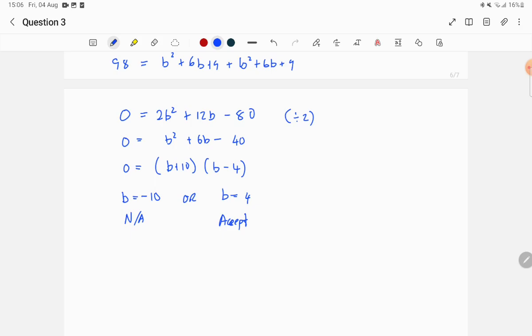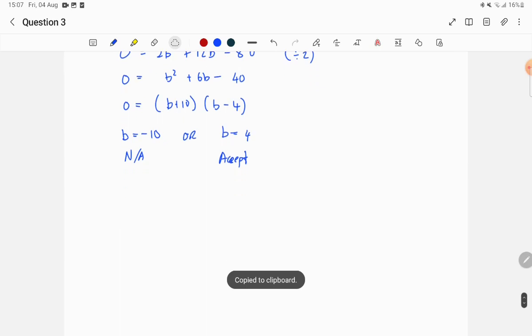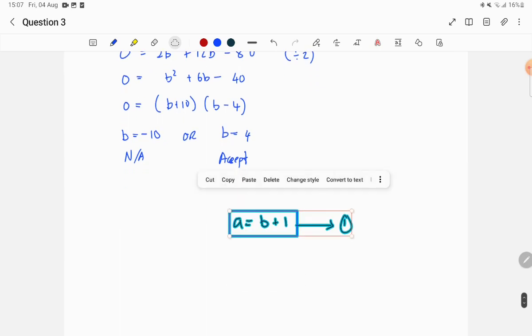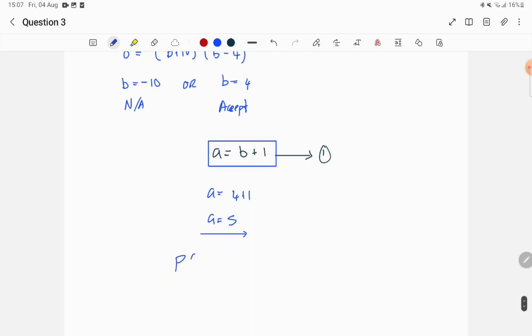Once we have our b value, we can sub it into the equation we worked out for a, and get our corresponding a value, which is the coordinate of P, which is what we wanted. So a is equal to 4 plus 1, therefore a is equal to 5. And we therefore have our a and b values, which are the coordinates of P: 5 and 4.